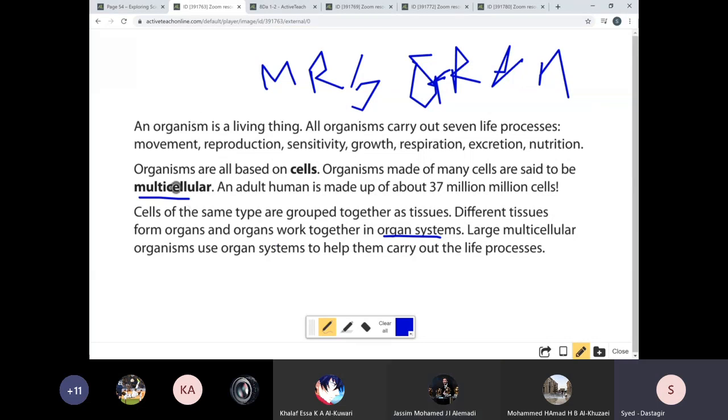Okay, so when cells are all grouped together, they form tissues. Different tissues make organs, and we know this from year 7, by the way. And many organs work together to make organ systems. So large multicellular organisms like us, humans, use organ systems to do what? To help carry out life processes. What are life processes?